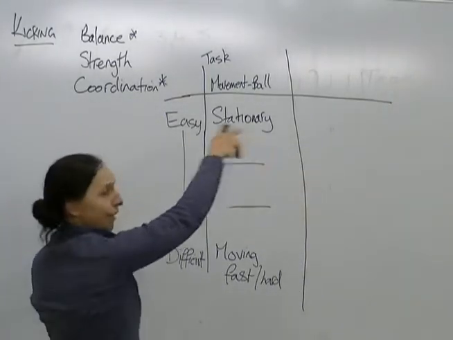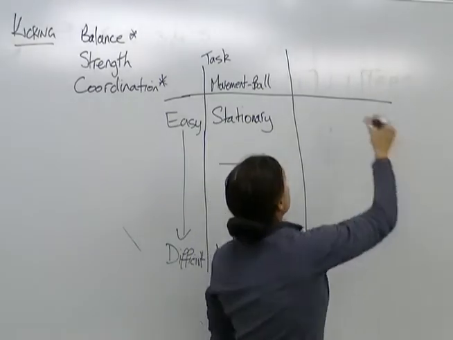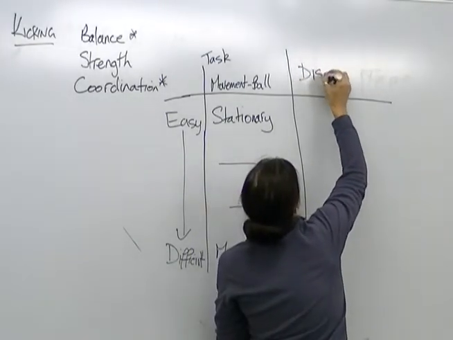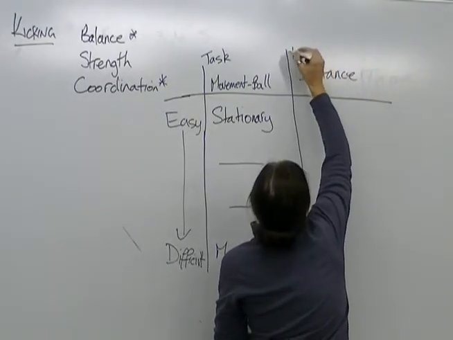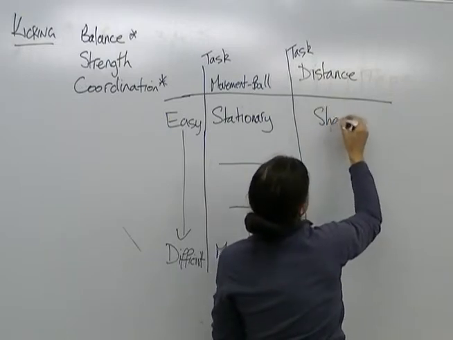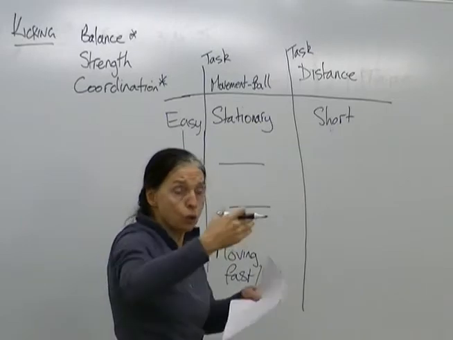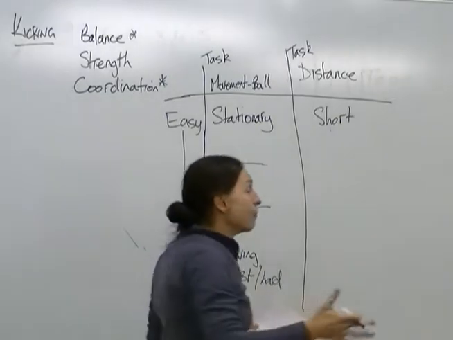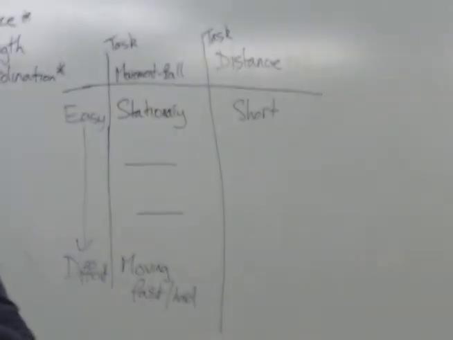You can pick as many of these as you want, right? So let's try distance. So here my distance is going to be short, right? I'm going to have them stand close to the target, or I'm going to have them stand close to their partner.